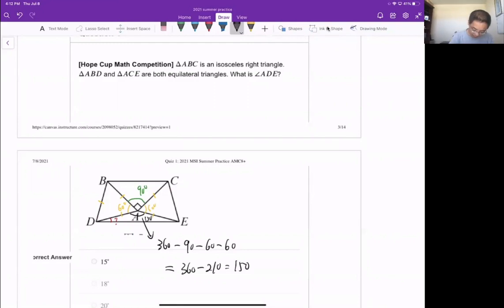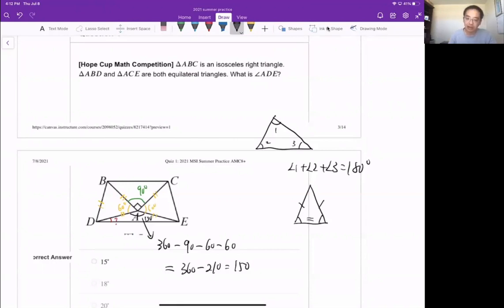Let's put 150. Now we have an isosceles triangle, right? Because all those sides are the same. And given a triangle, let's recall, regardless of what it is, if I add all three angles together, angle 1 plus angle 2 plus angle 3 is always 180. And if I have an isosceles triangle, if the two sides are the same, then the corresponding angles are also the same.